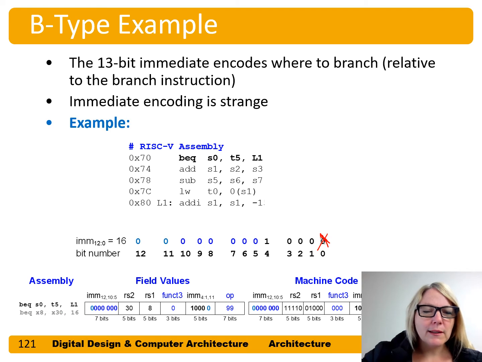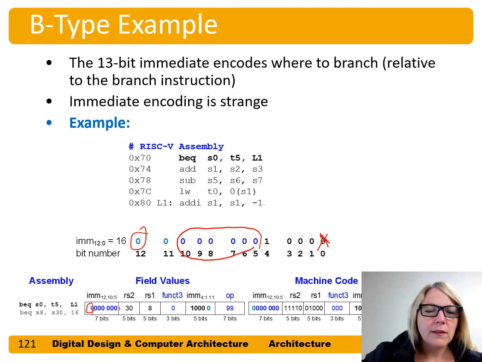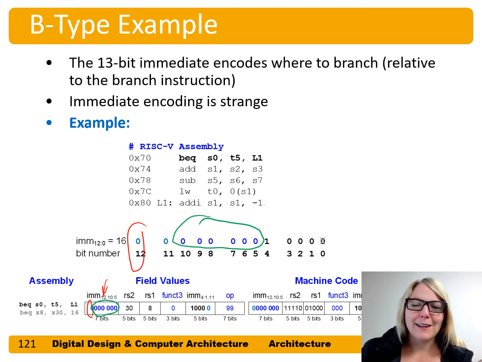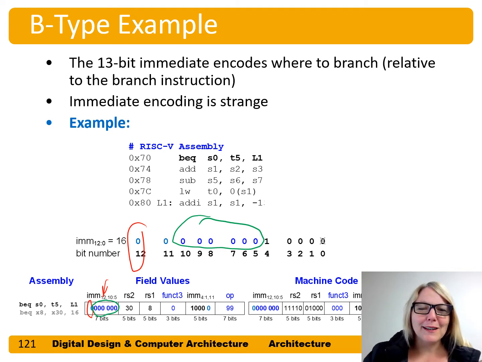We encode bit 12, which is the most significant bit here, and then bits 10 through 5 are here. In fact, let's do that in a different color. So bit 12, and then we have bits 10 through 5 in the upper part of the immediate encoding.